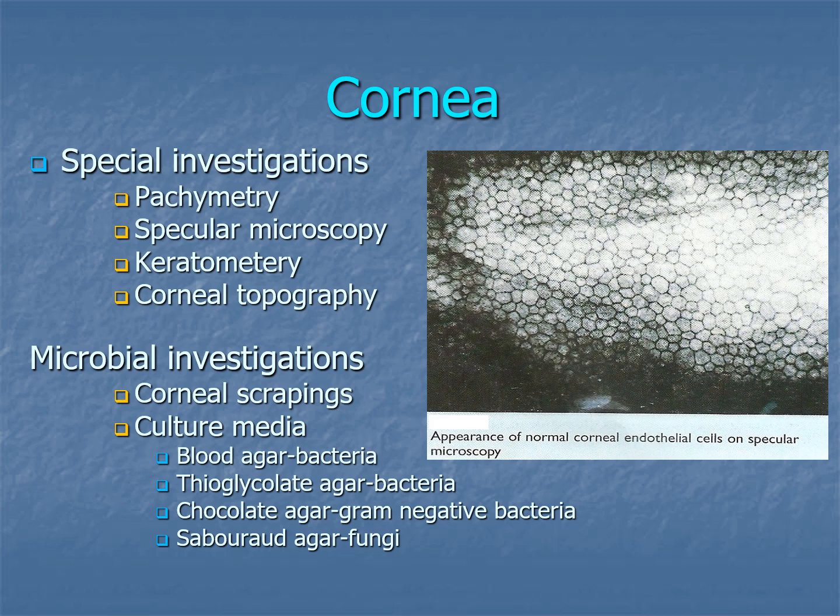So, the microbial investigations, to see which type of bacteria or microbes are present in a corneal disease or corneal ulcer: we take corneal scrapings and do staining, particularly Gram staining.